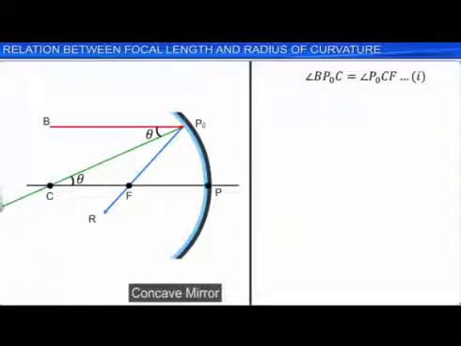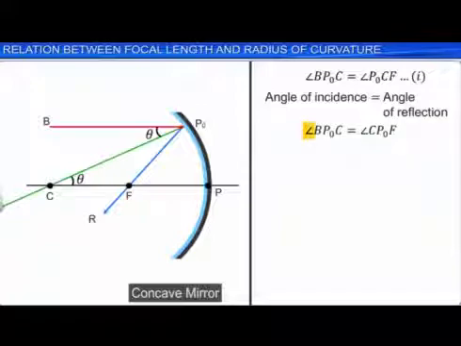According to the laws of reflection, the angle of incidence is equal to the angle of reflection. So, angle BP0C is equal to angle CP0F. Let this be equation 2.